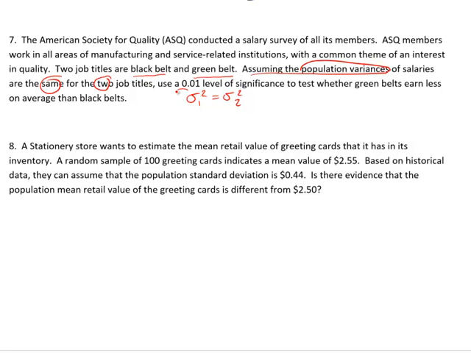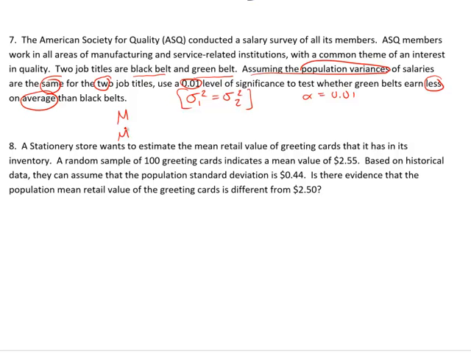So that is something that we know. We're given use 0.01, so alpha is 0.01 level of significance to test whether green belts earn less on average. Less is important and average is important because we're testing whether green belts earn less on average than black belts. So the average means I'm going to be looking at the mu.